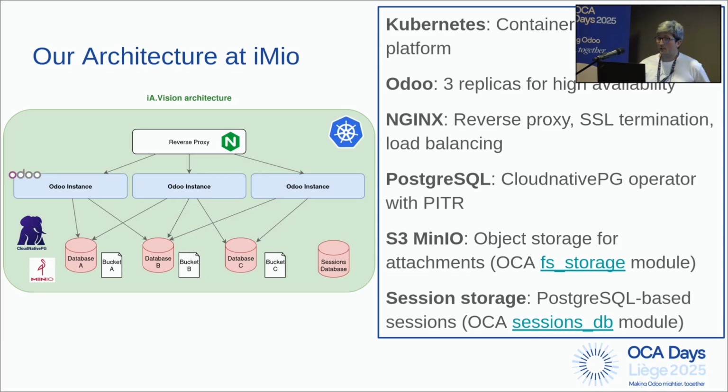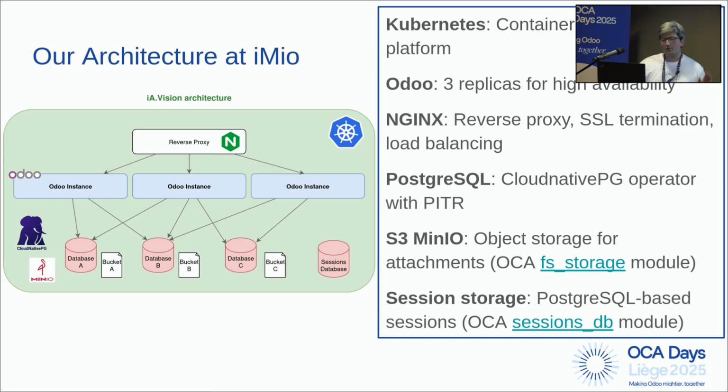We also use MinIO for S3 object storage, where we store all attachments like PDFs and so on, ensuring that they work across all replicas. And for that, we use the OCA FS storage module.